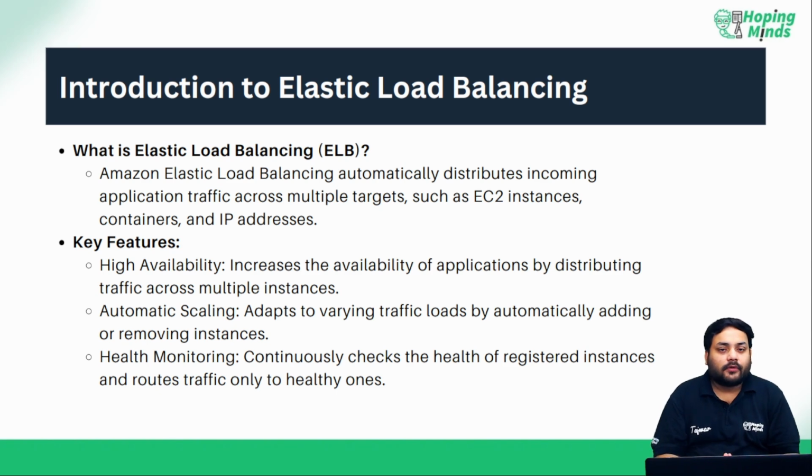In this session, we are going to learn about the elastic load balancer, and understand what exactly elastic load balancing is. Load balancing is basically a service by AWS which automatically distributes the incoming application traffic across multiple targets, such as EC2 instances, containers, or IP addresses.